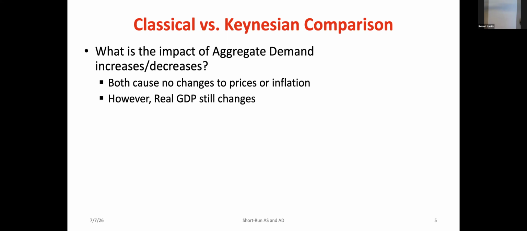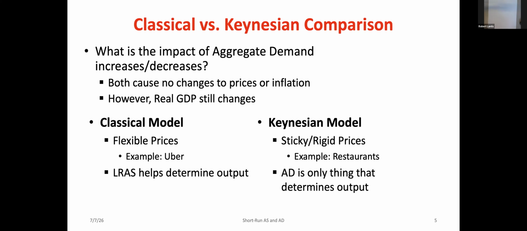Doesn't matter if aggregate demand went up or down, we saw the same level of maximum or potential GDP. So we have these two models that lead us to different outcomes, right? And that's because one is really focusing on the long run, the other is focusing on changes in the short run. Now, the classical model is good at explaining the long run, the Keynesian model isn't, right?